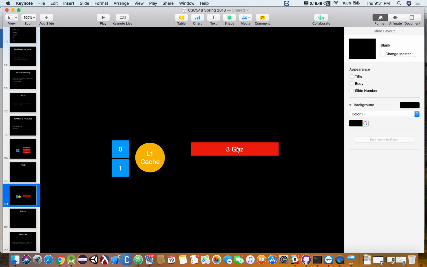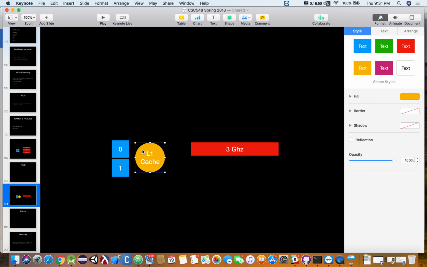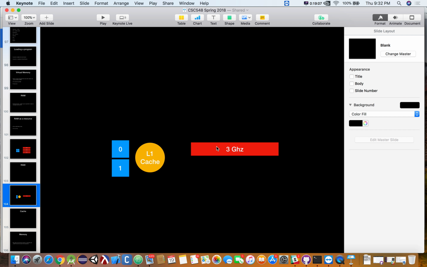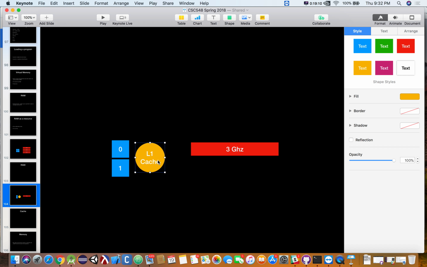Relatively speaking, this guy's a lot faster than this guy, but this guy's a lot smaller than this guy. This guy might be like 32 kilobytes or 64 kilobytes, where this guy is 16 gigabytes. So clearly, we can't store all this in this. It won't fit, right? So all the benefits we get from this guy from a speed perspective now have a caveat.